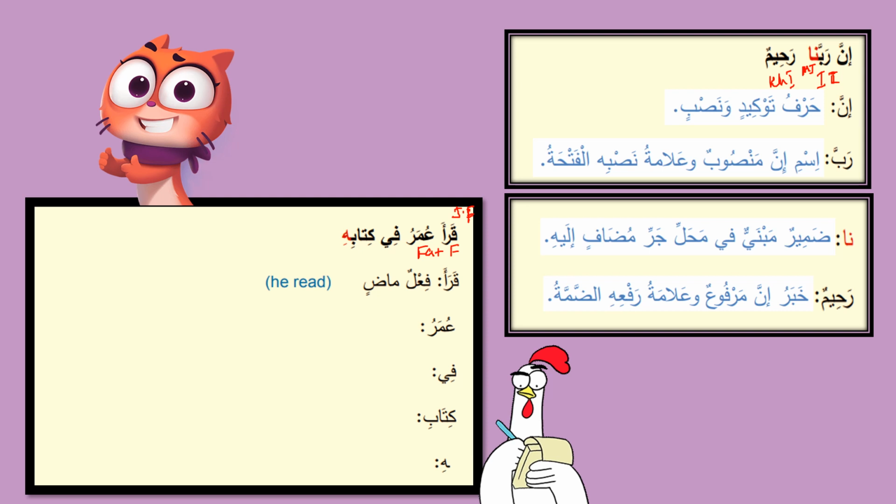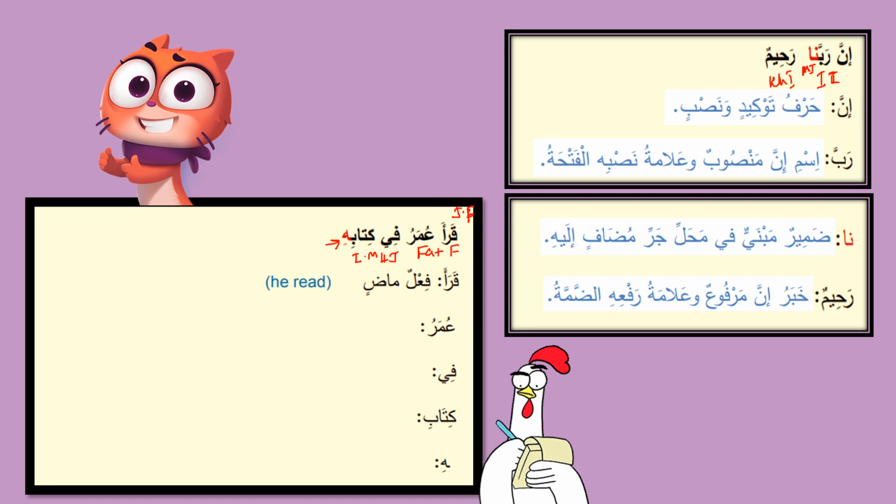And if there is no noun with a fatha and there is a harf jar, your jumla fi'liya is complete and fi kitabihi is another part of the sentence. So you just follow the i'rab of the harf jar. After the harf jar there is a noun with kasra, so it is ism majroor. Now the damir attached with the noun is in the position of mudaf ilayh. Remember that, don't get confused.